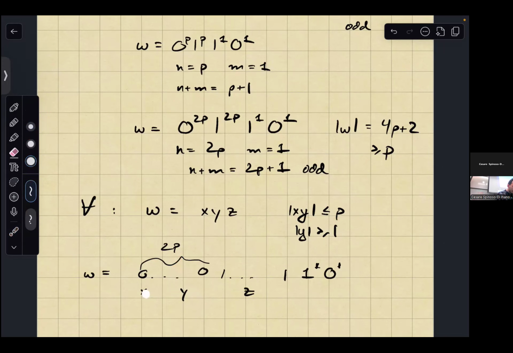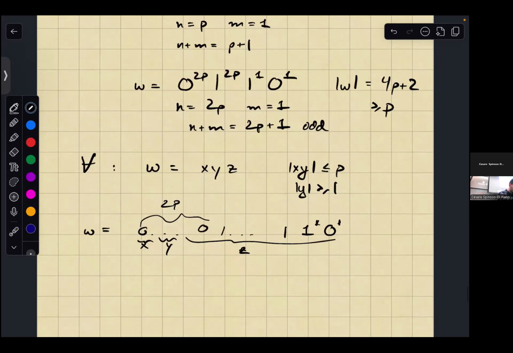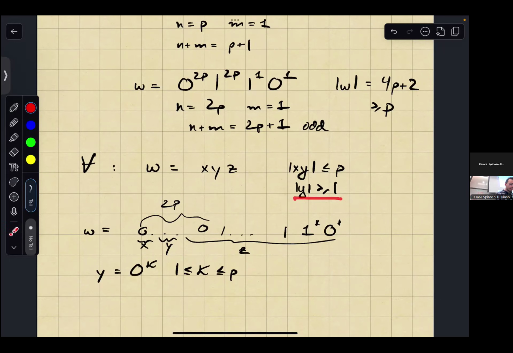So I have x, and then y, and then the rest of the string is z. So I know for certain, whatever the for-all player picks, that y is going to be 0 power k, where k is at most p and at least 1. It's at least 1 because of this, and it's at most p because of this.